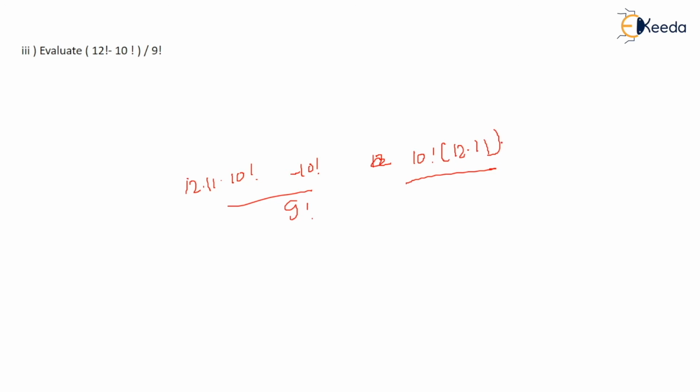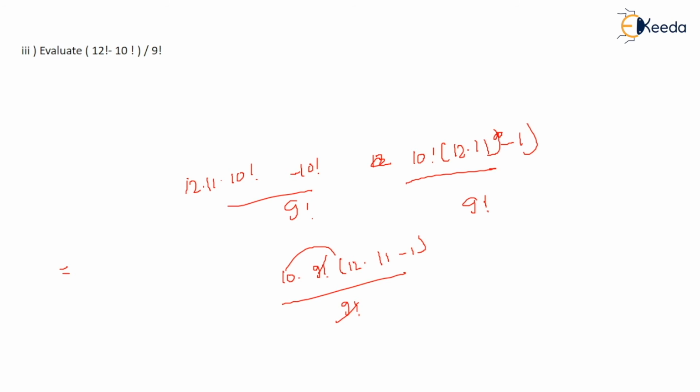And minus, I took 10 factorial, so minus 1. And 9 factorial is what? So I can write this as 10 into 9 factorial into 12 into 11 minus 1. Okay, and this is 9 factorial, so 9 factorial cancels.